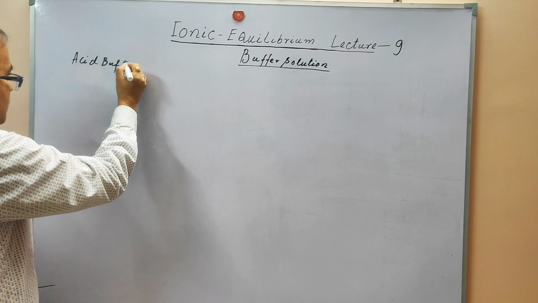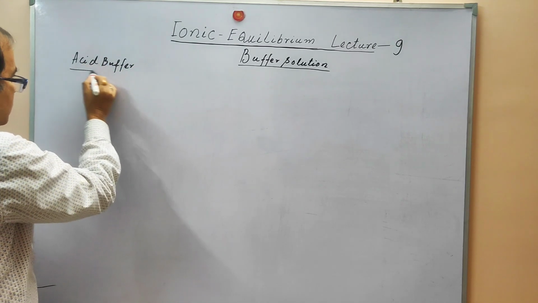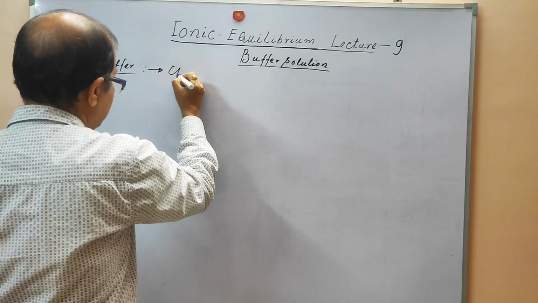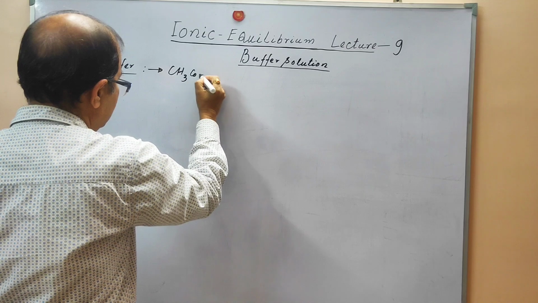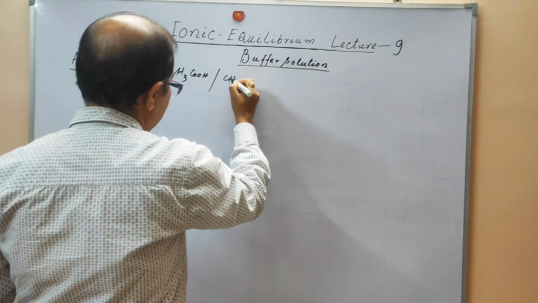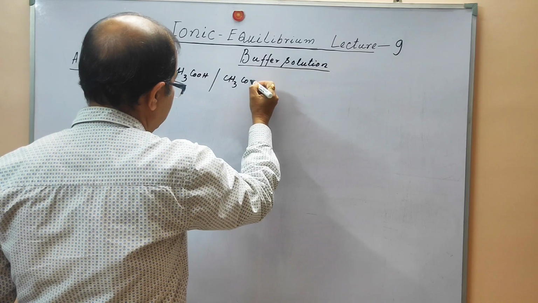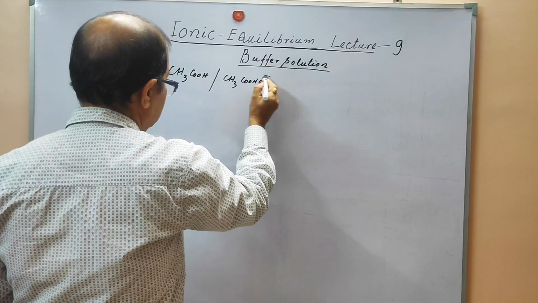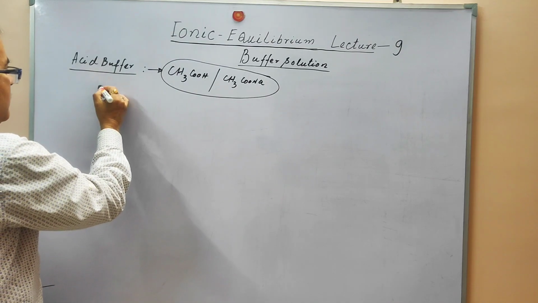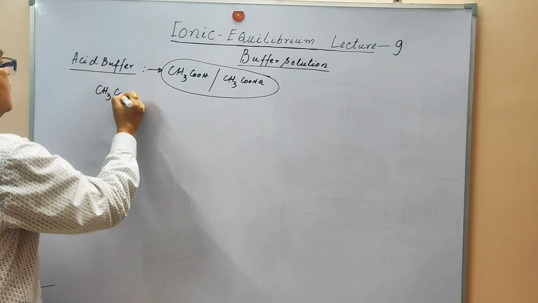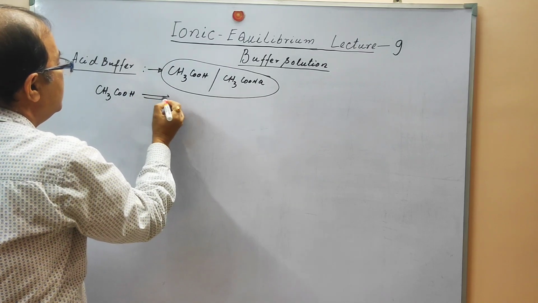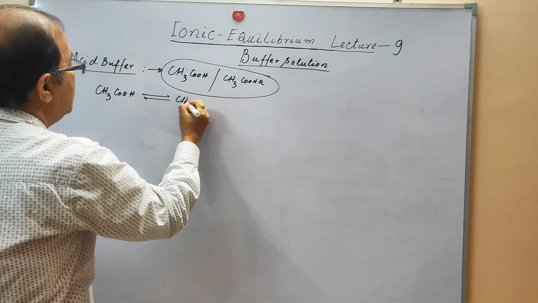We know the buffer solution consists of acetic acid, a weak acid, and its salt with a strong base. The weak acid, what is going to happen? It will dissociate in the aqueous solution in a very little way.